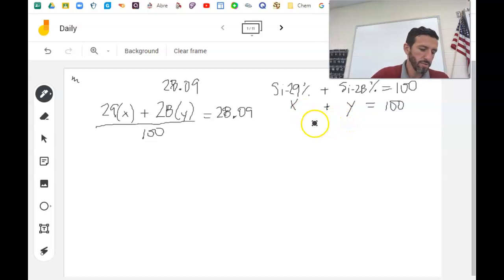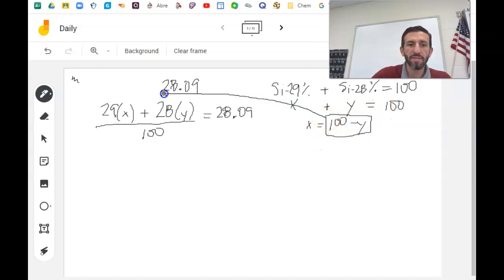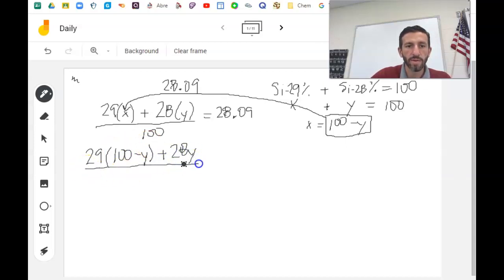Okay, so let's say I do x equals 100 minus y over here. I just rearranged that. I subtracted y from both sides. I can put that value in here. So I'm going to have 29 times (100 minus y) plus 28y, divided by 100, is going to equal 28.09.